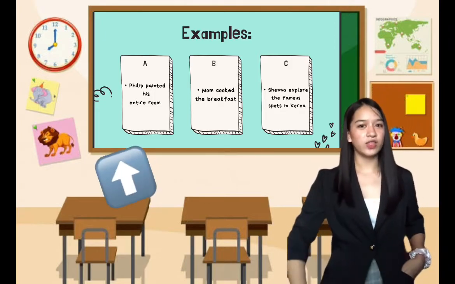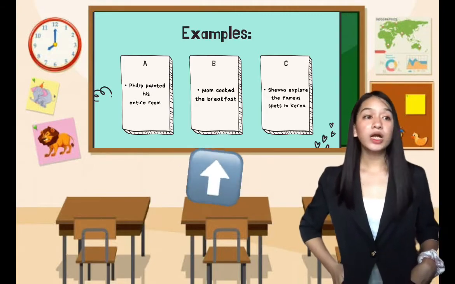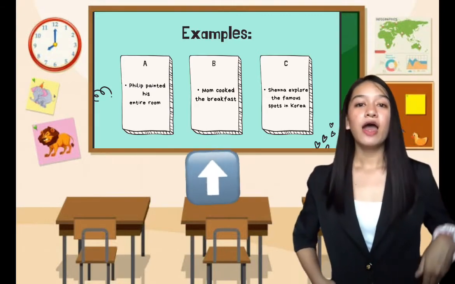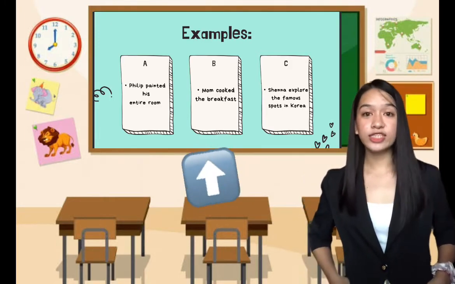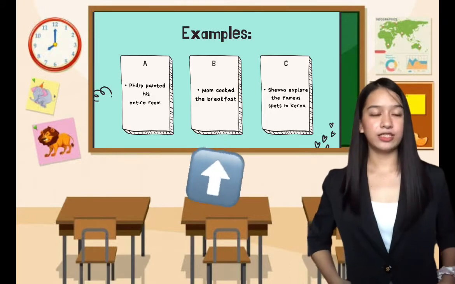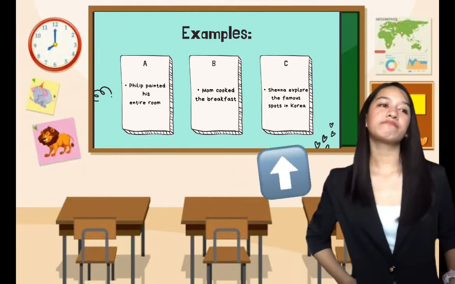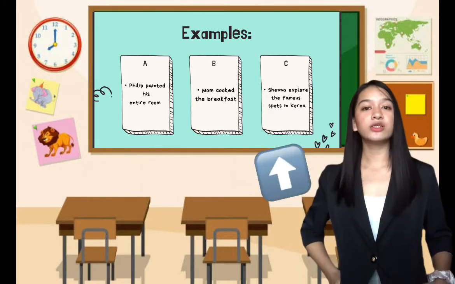So you understand? In our second example: Mom cooked the breakfast. As you can see, Mom is the doer of the action, which is she cooked the breakfast. I have here the third example: Shena explored the famous spots in Korea.